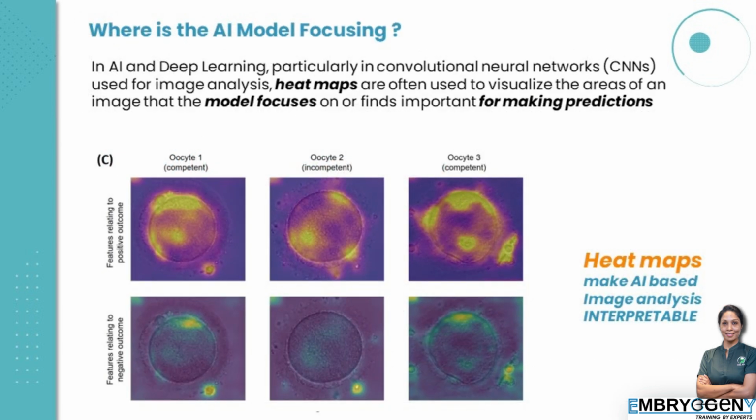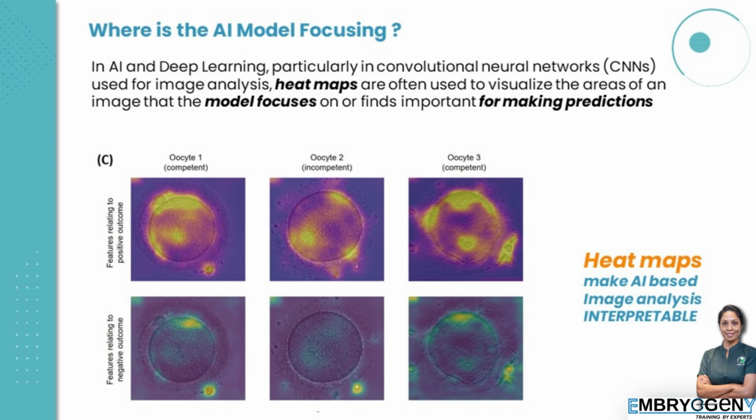For those who argue that AI models are often black box models and it is difficult to say what AI model is concentrating on, this particular slide discusses how AI models, particularly the CNN or convolutional neural network, use heat maps to visualize which area of an image the model focuses on while making its predictions. Heat maps are color-coded representations that highlight the regions of an image that the AI considers important for its analysis.